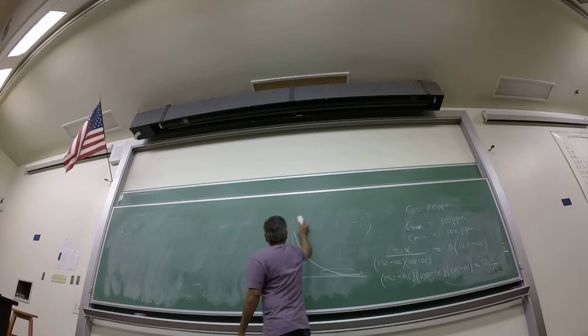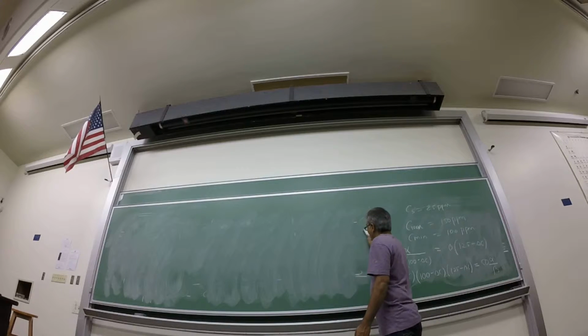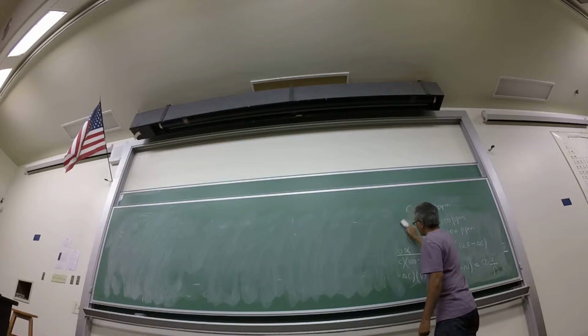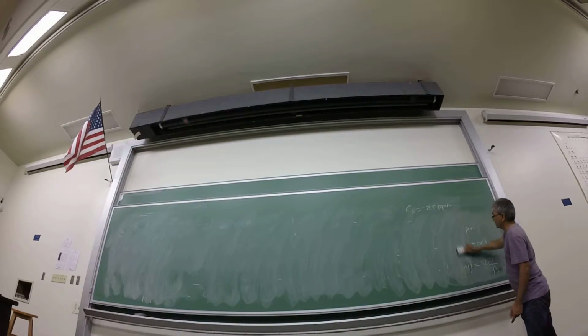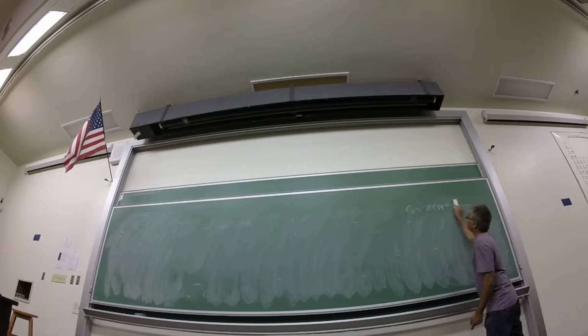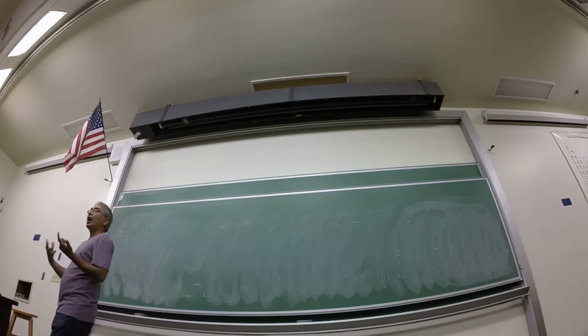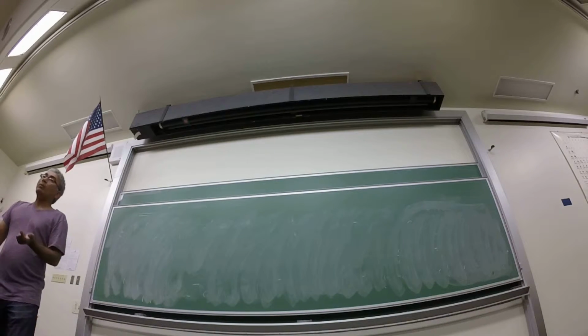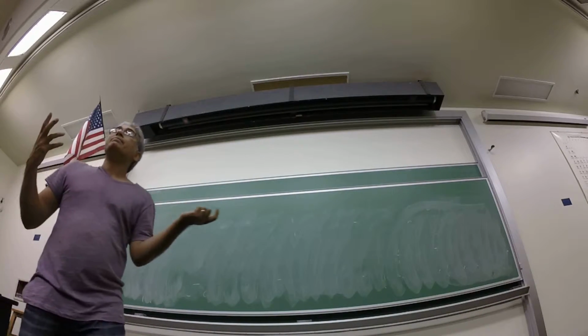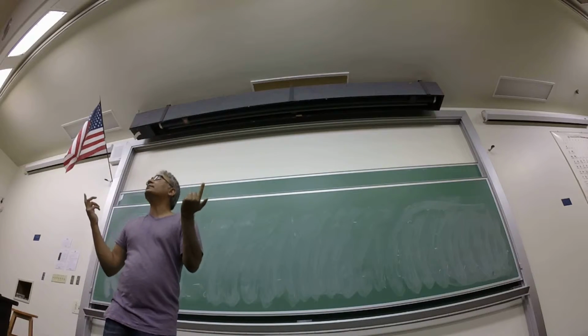Okay, now I'm going to do another problem of optimization. We started the course talking about essentially figuring out whether the problems that you're looking at are economically good or not, right?